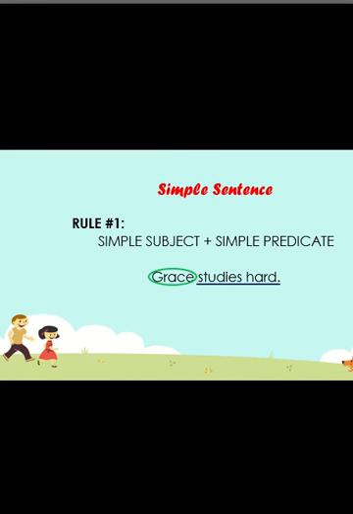Is the predicate only one? Isa lang ba yung predicate, anak? Erica? Yes po. Isa lang. Okay, very good. That is why it is part of the rule. Number 1, we have simple subject plus simple predicate. Grace studies hard. So let's go with another example.